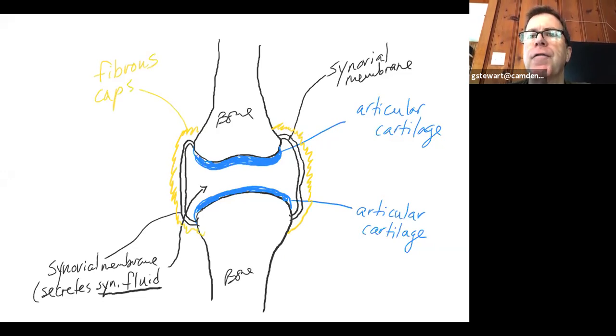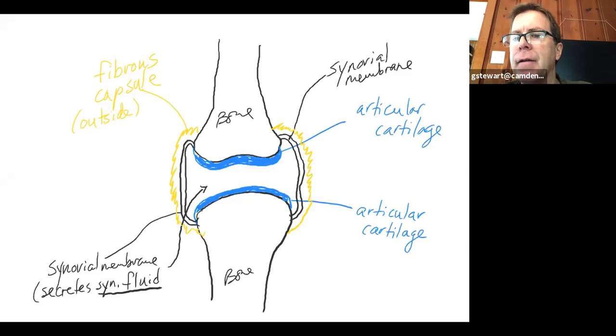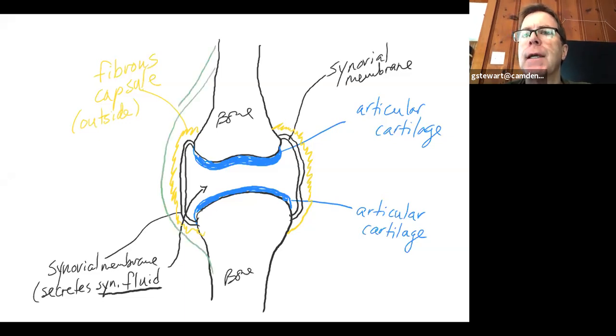Tough, fibrous connective tissue. So I just wrote outside because it encapsulates the entire joint. On the outside of that, there are ligaments. So I'll use green, that help hold the two bones together.